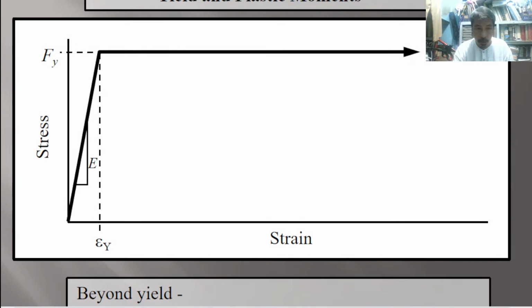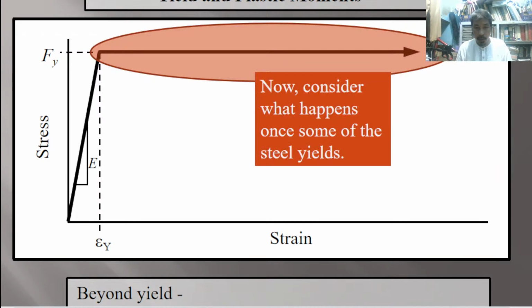Again, same diagram, but now consider what happens once some of the steel yields. Some portion of the steel yields, what will happen?